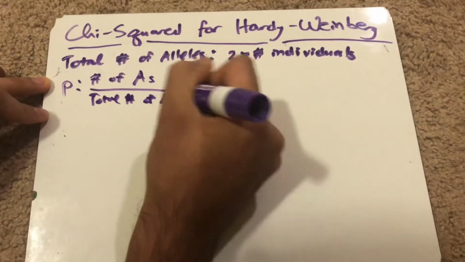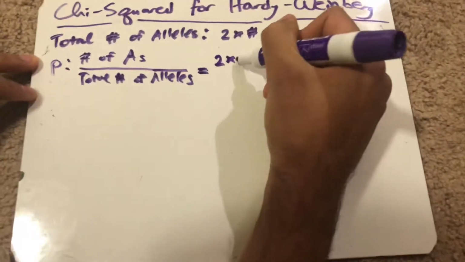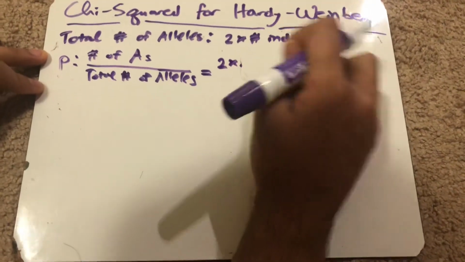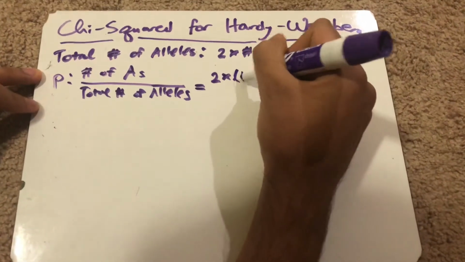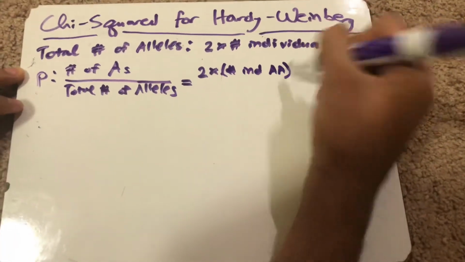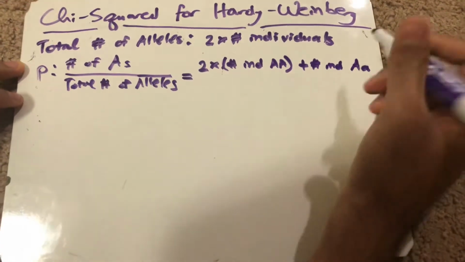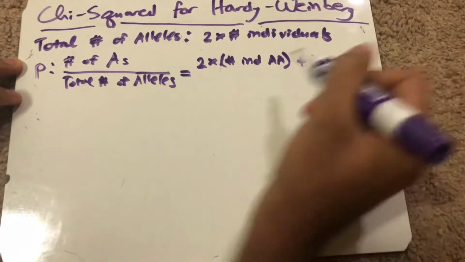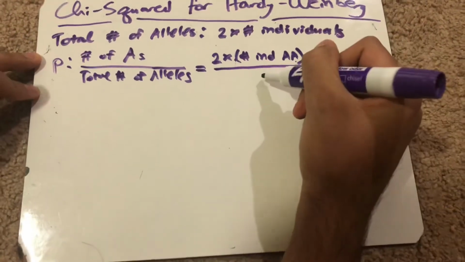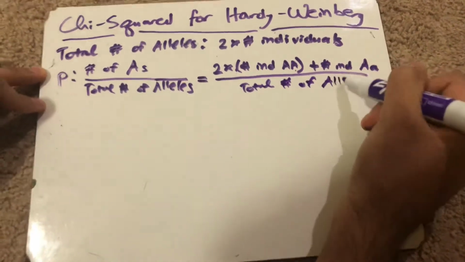And if you're looking for a formula for that, well, that's going to equal 2 times the number of individuals with big A, plus the number of individuals with big A, little a, because they contribute just 1 big A, and these people contribute 2 big A's. That's why we multiply by 2, over the total number of alleles.